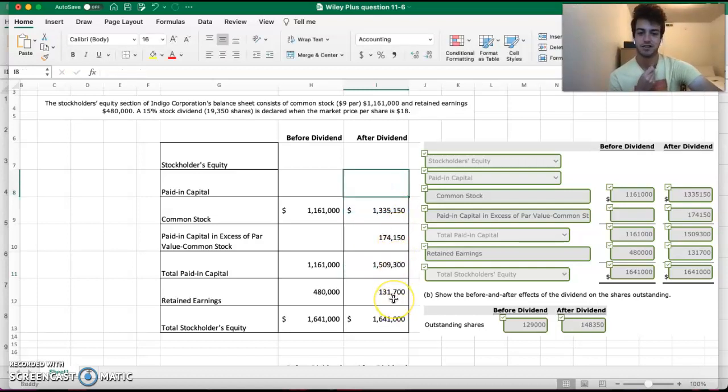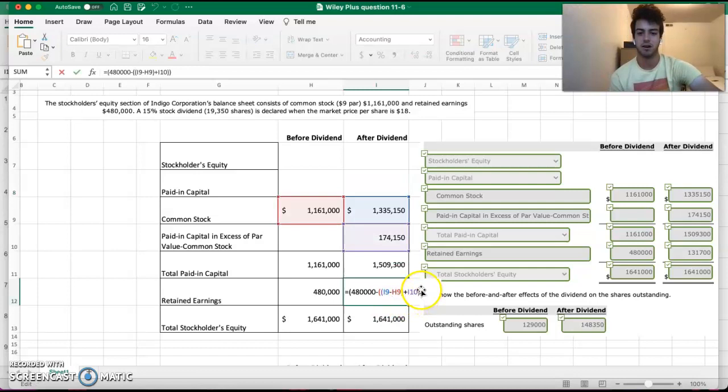And retained earnings, this is probably the most complicated the math gets. If you need to take a pause, take a closer look at this formula here, go ahead. Basically, we're going to subtract the before dividend common stock from the after dividend common stock, as shown in the formula right here, I9 minus H9.